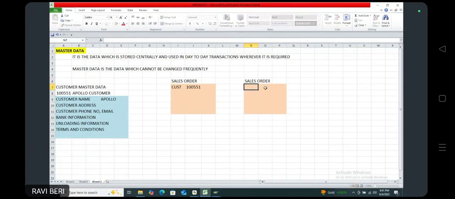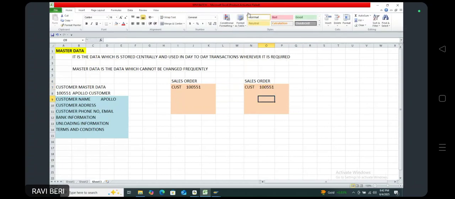So if you don't have customer master data, what is the problem you will face? Tell me. You have to enter multiple times. We have to enter the data manually.